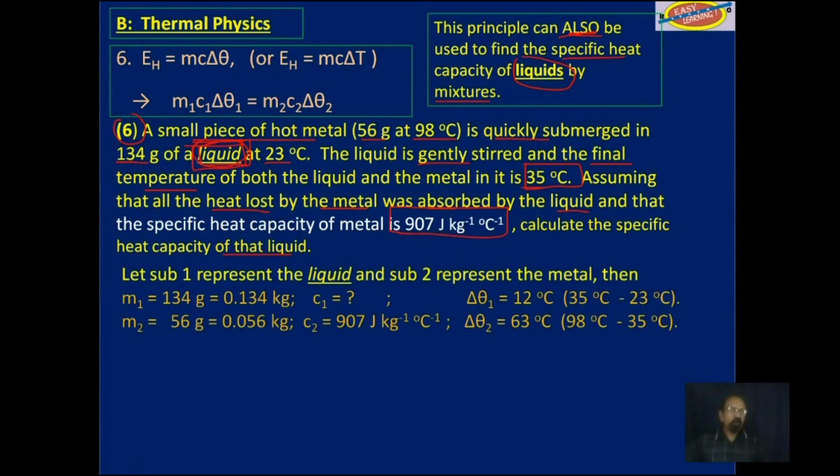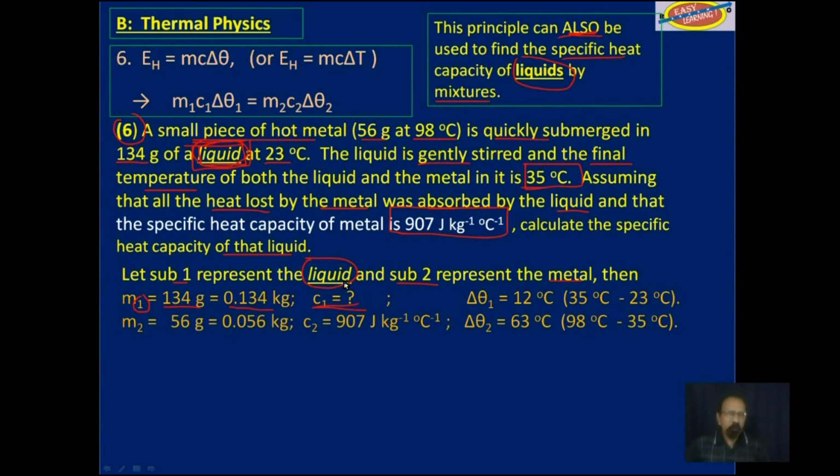So this time we will let subscript 1 represent the liquid and the subscript 2 represent the metal. So now we know the mass of the liquid, it is 134 grams.